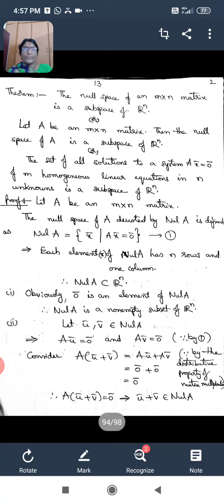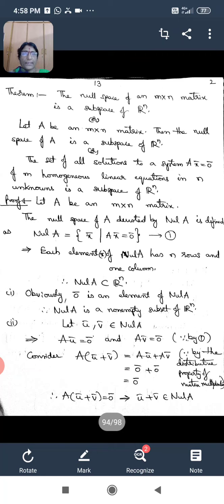The first condition is that we have to show that the zero vector 0 bar is in the set null A, that means null A contains the zero vector. The second condition says that if u bar, v bar are any two vectors in null A, then their sum u bar plus v bar is also in null A.